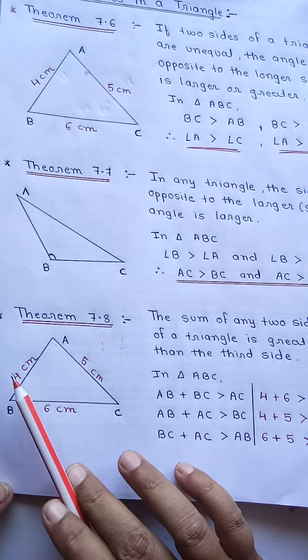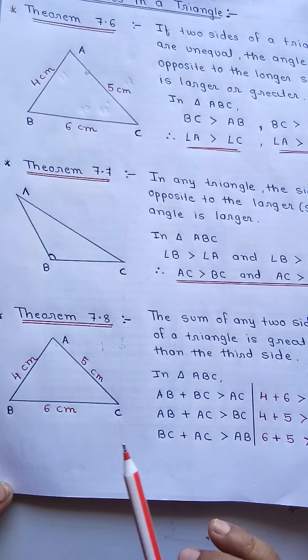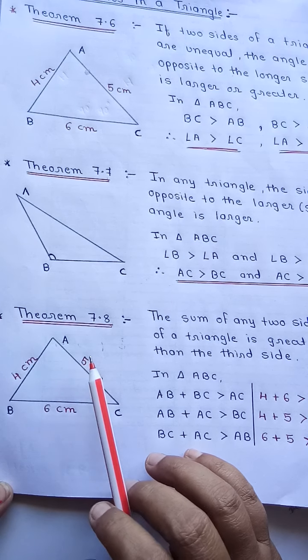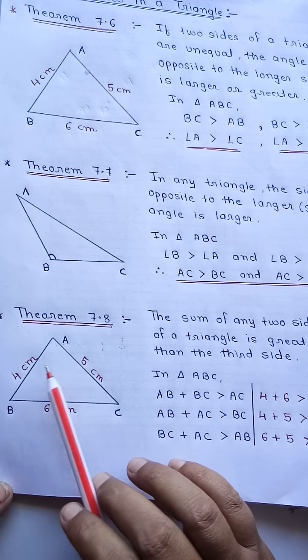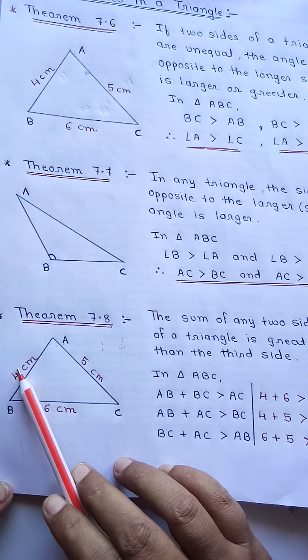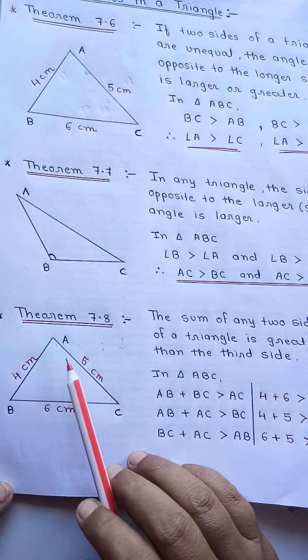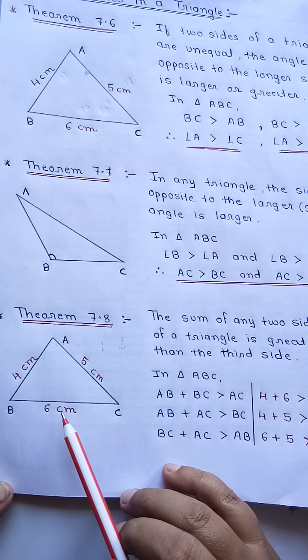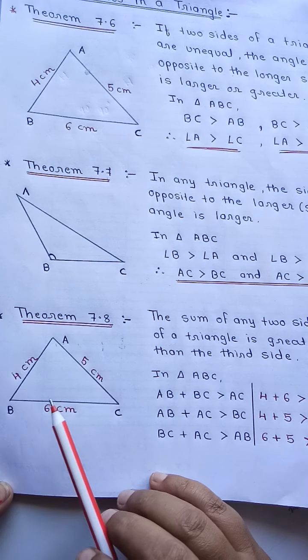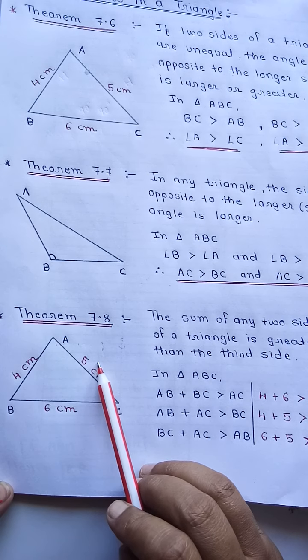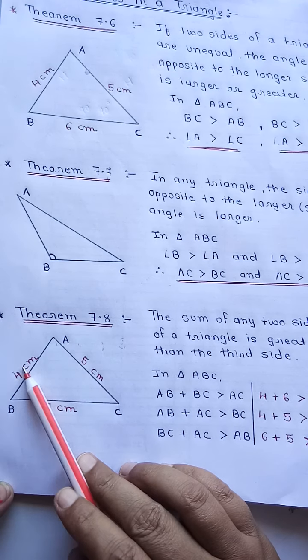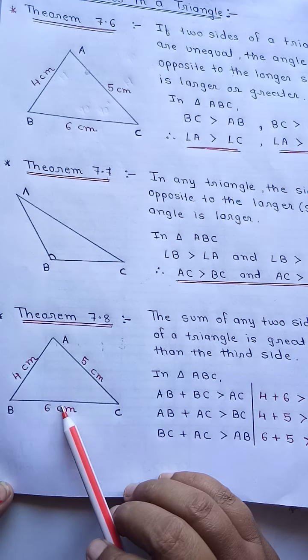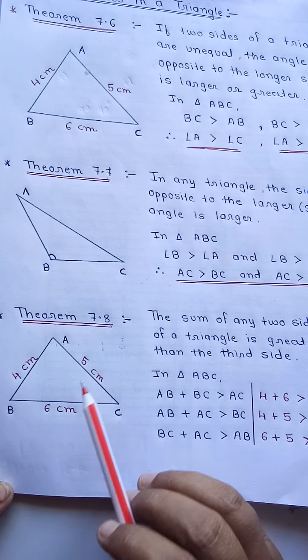Now here again I have taken same triangle 4, 5 and 6. So this theorem says that if I add 4 plus 5, you can see 4 plus 5 is 9. So 9 is greater than 6. Similar way 6 plus 5, 11 is greater than 4. And similar way 4 plus 6, 10 is greater than 5.